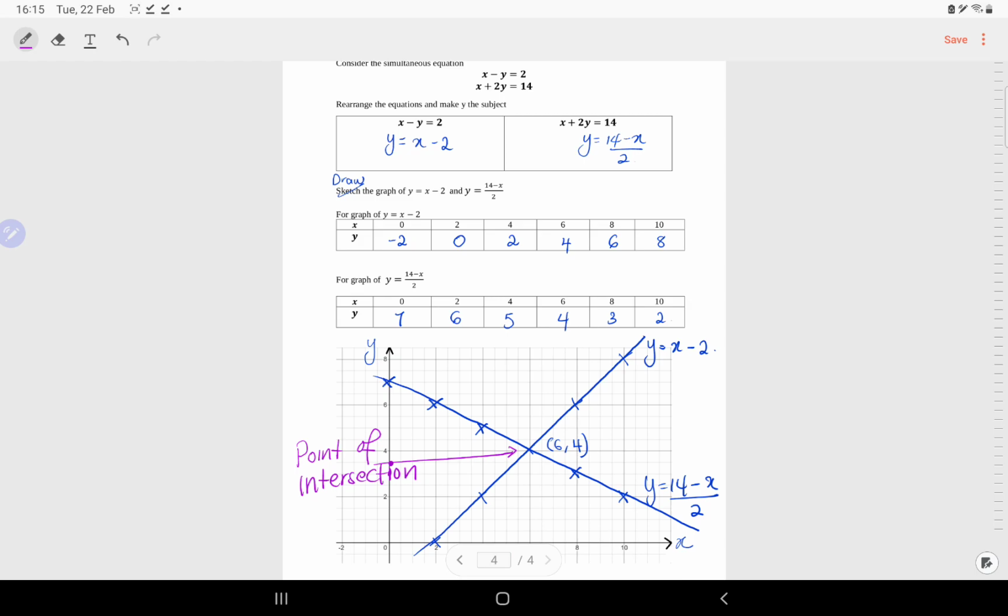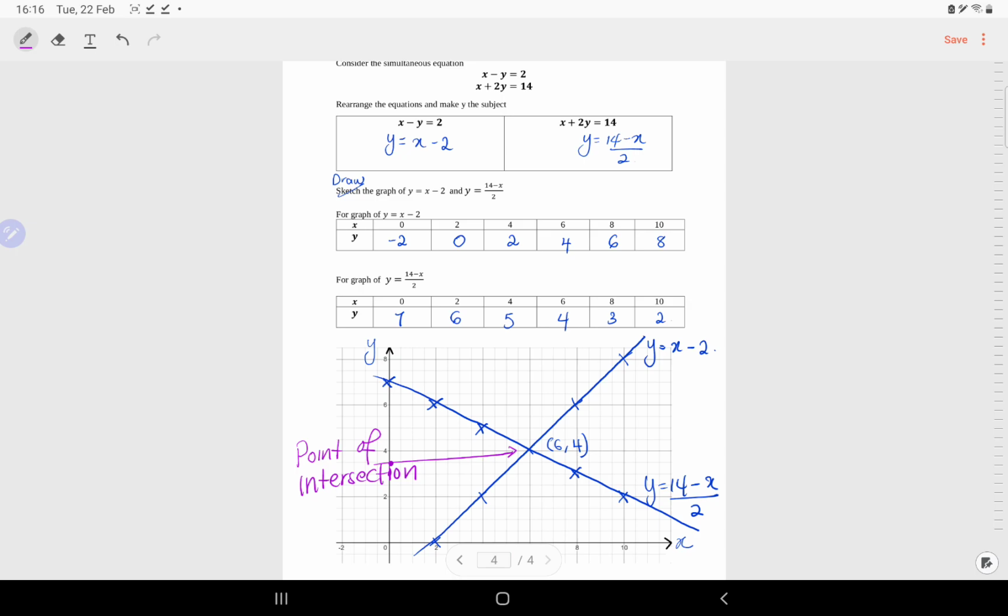Also, now you have another method to solve simultaneous equations. One you have learned was the elimination method. Now you know there's a second method, which is the graphical method. You can use a graph to check your answers, or use a graph as a method to solve simultaneous equations.